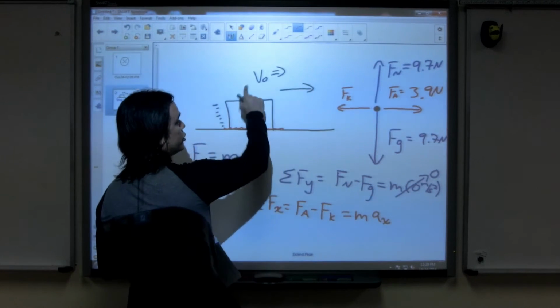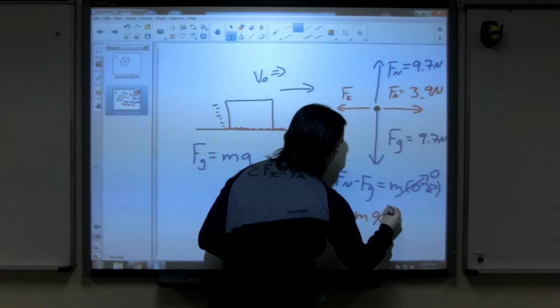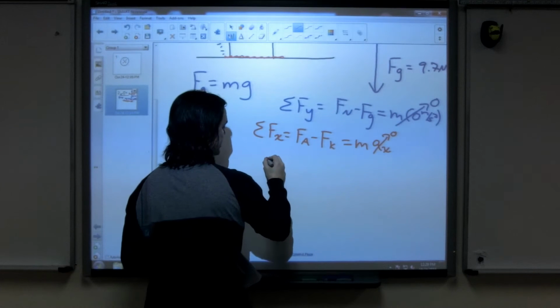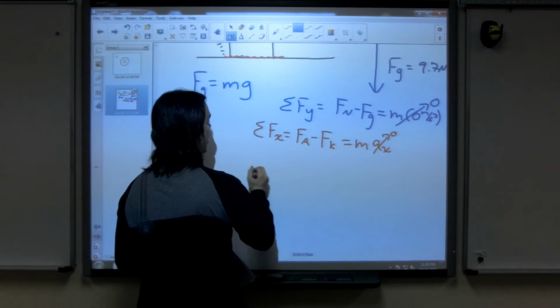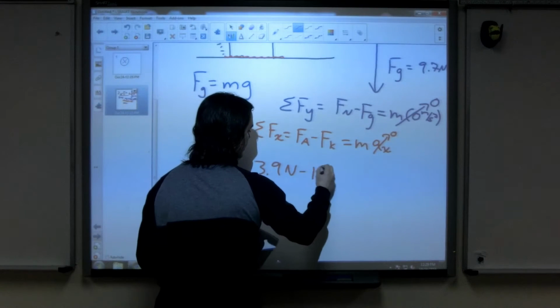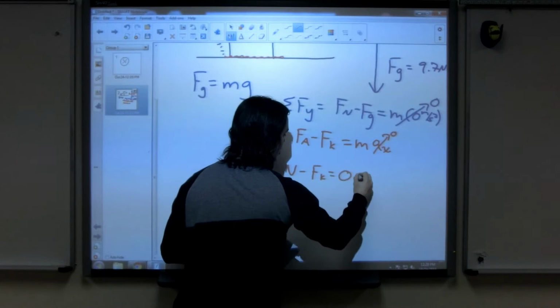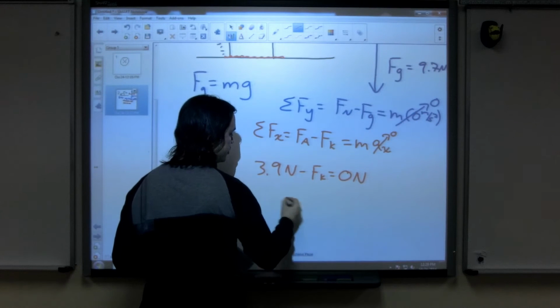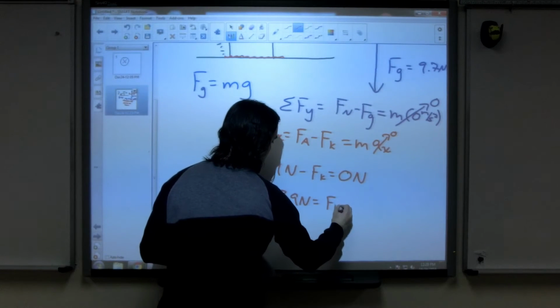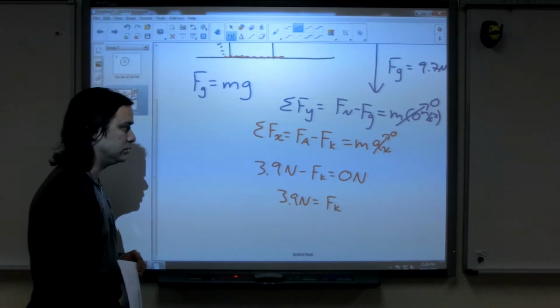But since we are pushing at a constant velocity, this is 0, and this whole side goes to 0. We end up with the applied force, which we said was 3.9 newtons, minus the force of friction, equals 0 newtons. I add the force of friction over there, and I find that my force of friction is equal to 3.9 newtons.